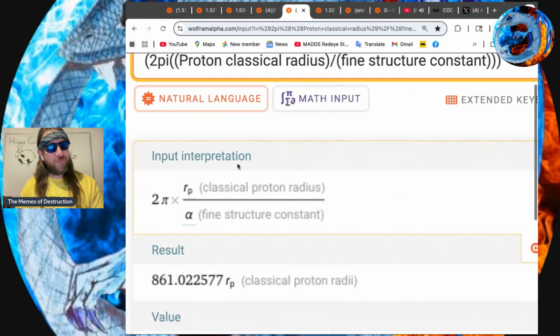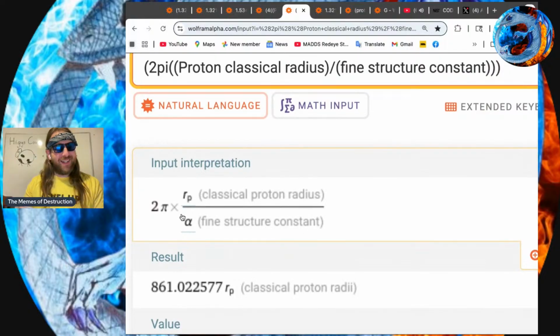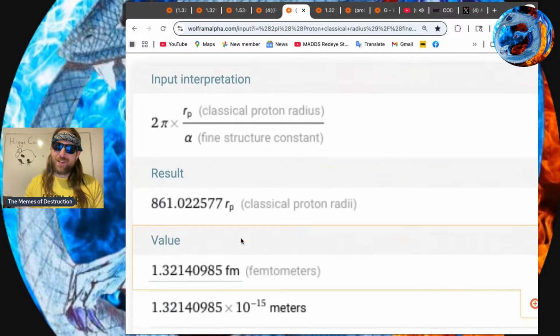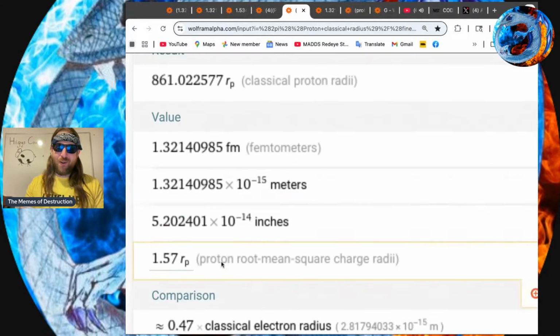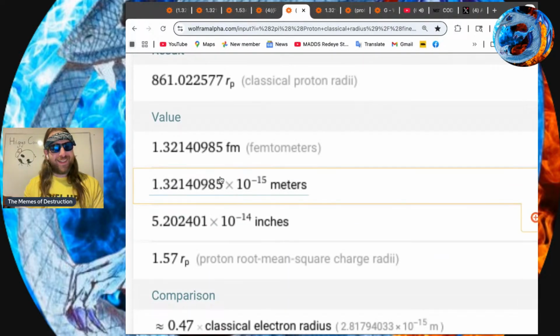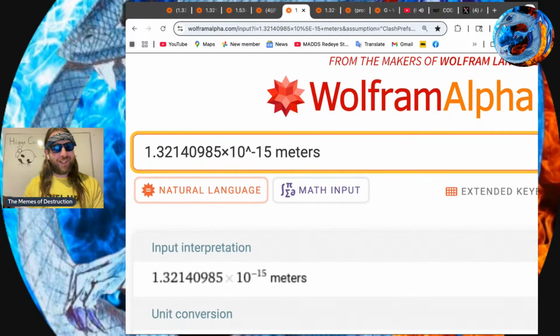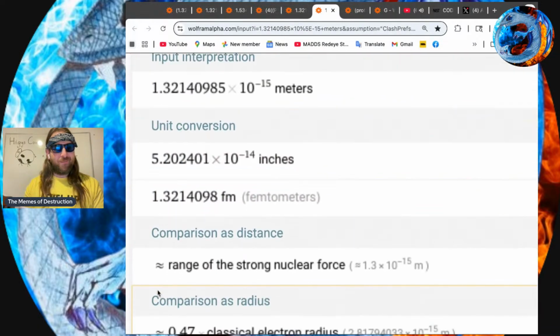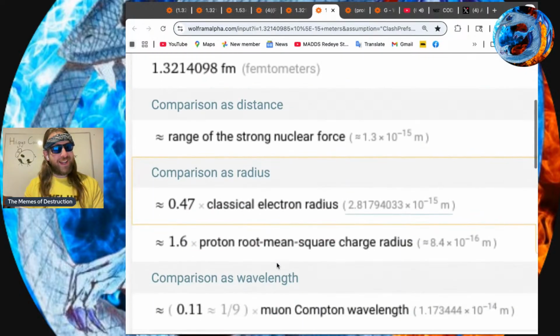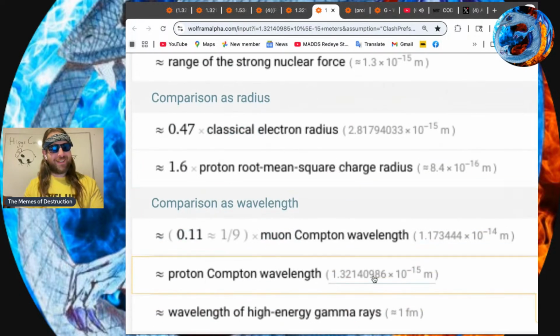Oh, I'm such a noob. Okay, so long story short, 2 pi classical proton radius divided by the fine structure constant gives us this, which, again, annoyingly doesn't say it right there, but when you click on it, we can see, oh look, that's the range of the strong force, aka the proton's Compton wavelength.